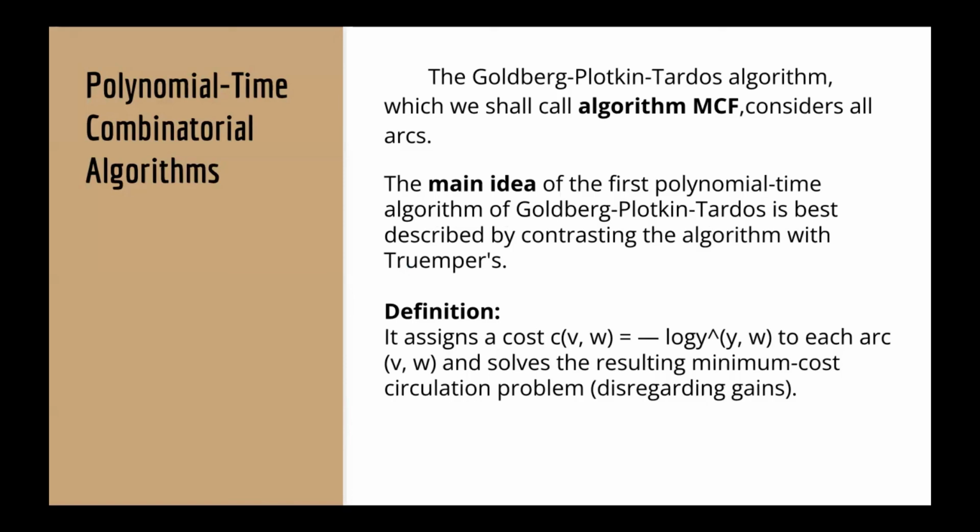The main idea of the first polynomial time algorithm of Goldberg-Plotkin-Tardos is best described by contrasting the algorithm with Truemper's. In each iteration, both algorithms solve a simple flow problem and interpret the result as an augmentation in the generalized flow network.